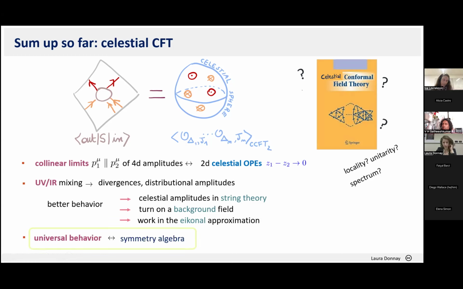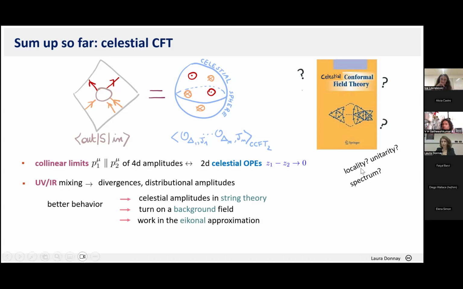And finally, the summary of all this is that we are very far from having a well-defined definition, or even an axiomatic list of properties, of what a celestial CFT should be. As I said, there are many unconventional features about this theory, which make it hard, for instance, to bootstrap, like the conformal bootstrap community likes to do.